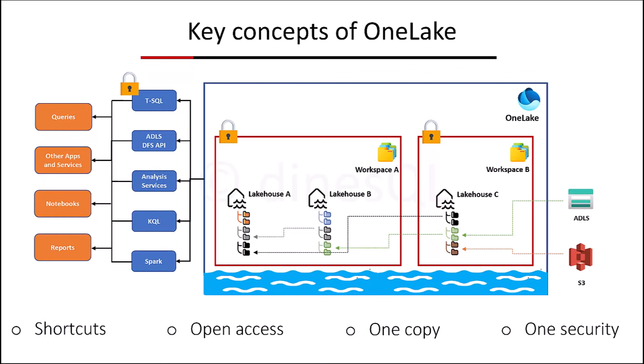Now, for example, let's say you have a data warehouse created and you want to make sure that user one can access data through the data warehouse. So you configure the security at the data warehouse level. Or else if you want to make sure that someone can directly access the Lakehouse, then you can configure the security at the workspace level. So it's completely up to you. Based on the business requirement, you'll be configuring security at the workspace level or the compute level.